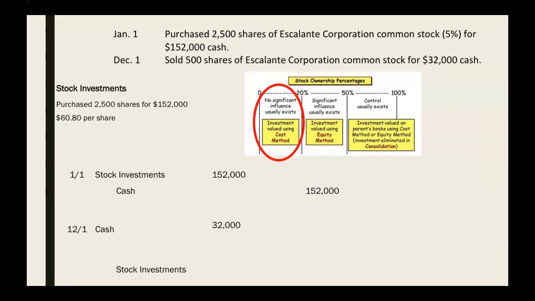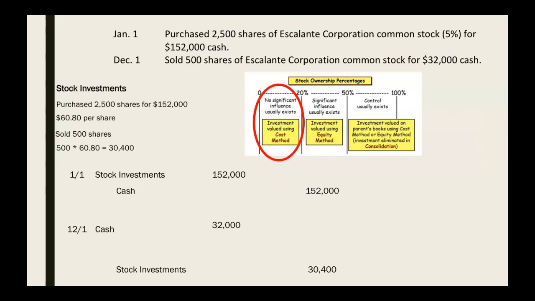So we spent $60.80 per share back on January 1st. Now, here on December 1st, we sold 500 shares. So 500 times the $60.80 we paid, we multiply those two together and we get a stock investments amount of $30,400.